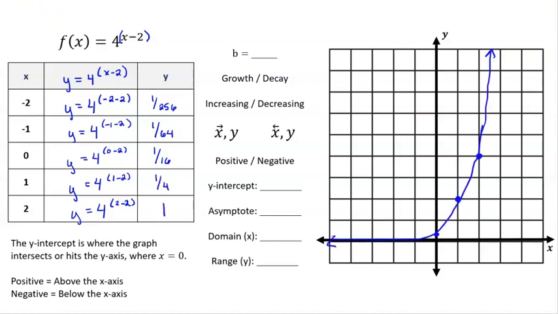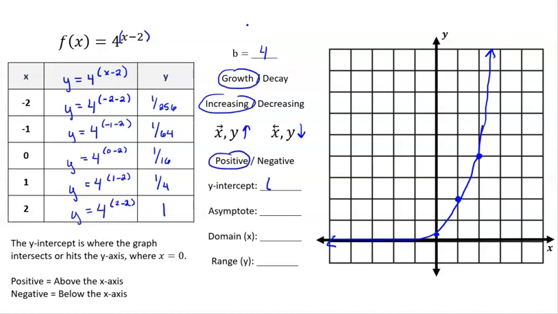So this is what I got in my table and on my graph. And so from here we see that B is 4. It's still growth, increasing from left to right, decreasing as we go to the left, positive, it's still above that x-axis.